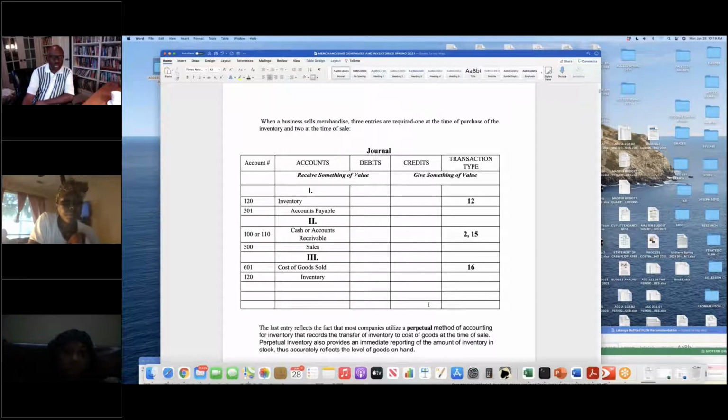We know the quantities. Grocery stores might not be perpetual if you're selling a lot of small volume items, but if you're selling shoes, computers, high volume items, you've got inventory numbers, and every time you sell an item, you record it because you need to know whether it's in the warehouse or not.